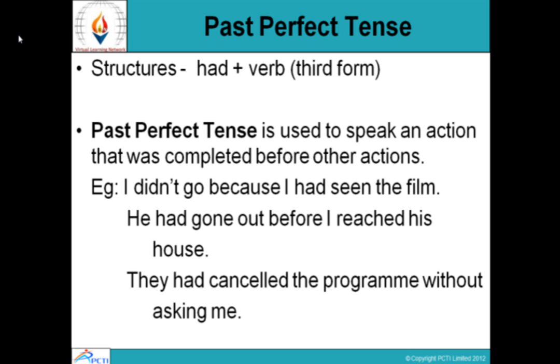Here also basically there are two actions, but in this sentence we have not mentioned two actions. We have used asking as a noun, without asking me, without my permission. So past perfect tense is used to talk about actions that happened well in the past and some other action happened after those actions, and these two actions have some sort of relation between them.